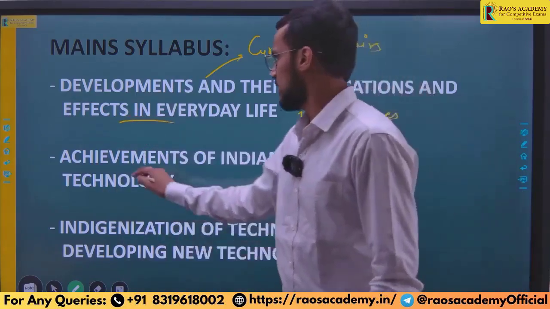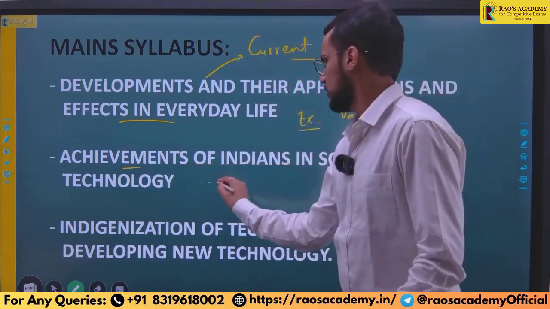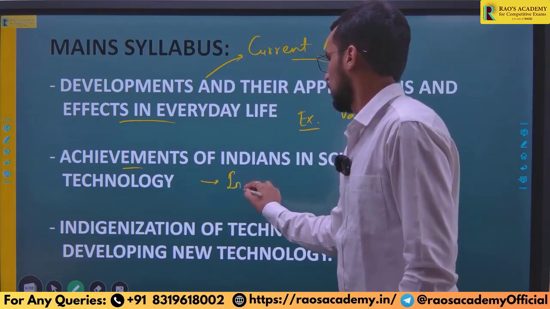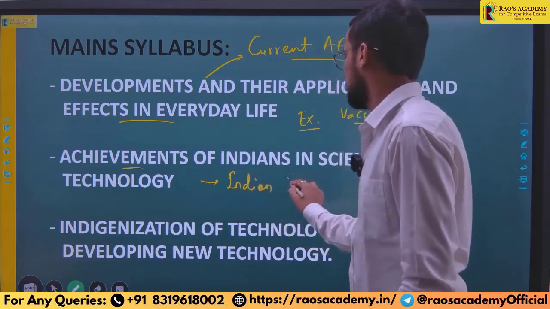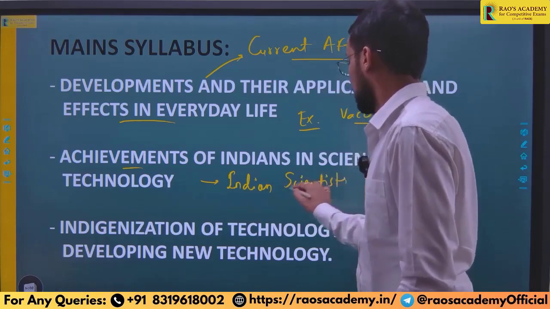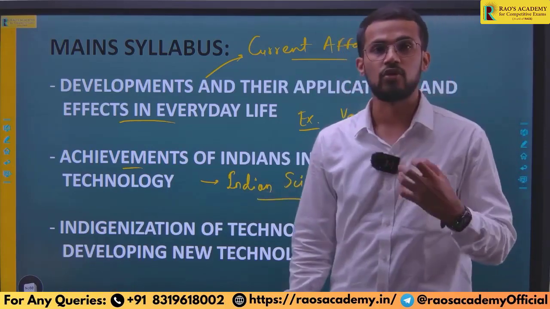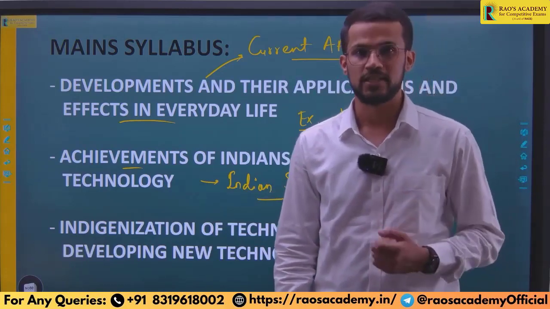Right, next is achievements of Indians in science and technology. This is the part where questions will be asked by UPSC on Indian scientists. There are a number of Indian scientists who have contributed in different fields of science and technology.